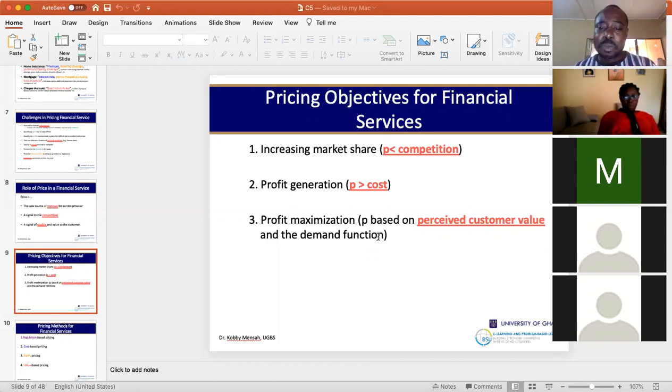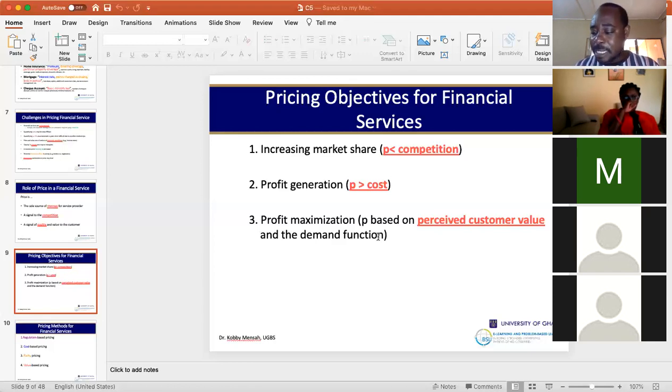We also use price for profit generation. And just as I was telling Dora, for profit generation, price is greater than cost. It means that you're pricing by taking into consideration all your cost buildup plus your margin of profit, let's say 10%.